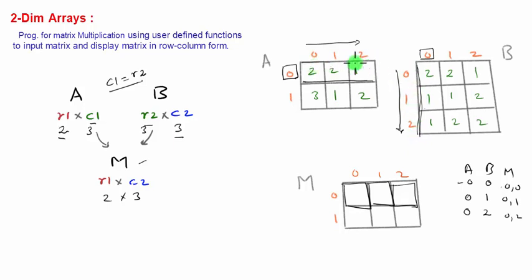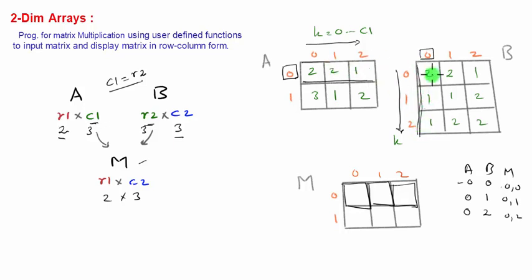Number of columns over here and number of rows over here is the same, so we can utilize that as either the C1 loop or the R2 loop. For that we will utilize some variable, let's say K, that moves from 0 up to less than C1, which could be R2 also because both are 3 only. We will utilize the same variable K as an index variable to go through the B array also. K will count 0, 1, 2 for these columns and K will count 0, 1, 2 for these rows.